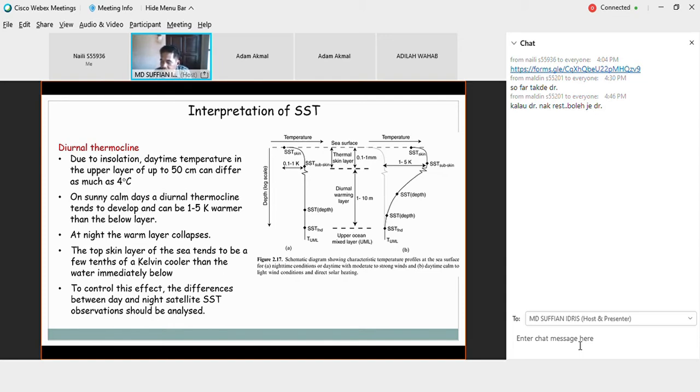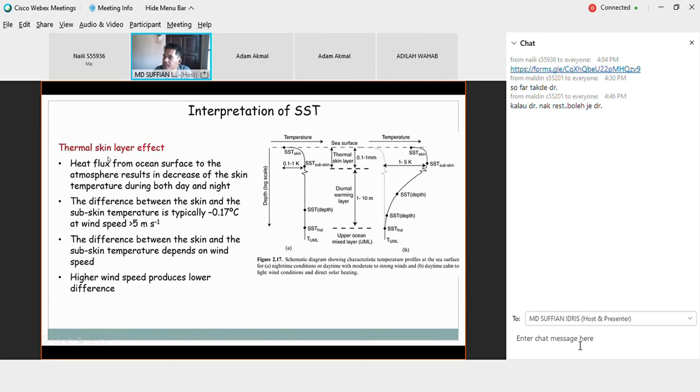So pada waktu malam biasanya lautan dia lebih panas berbanding dengan di kawasan ataupun di atmosfer. So udara ataupun haba dia akan transfer ke atmosfer lah. So it will reduce the sea surface temperature.